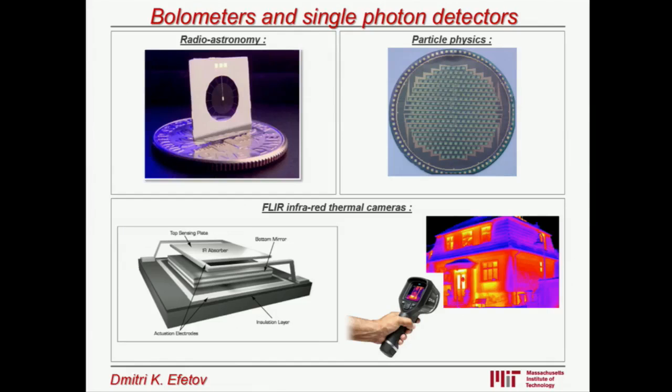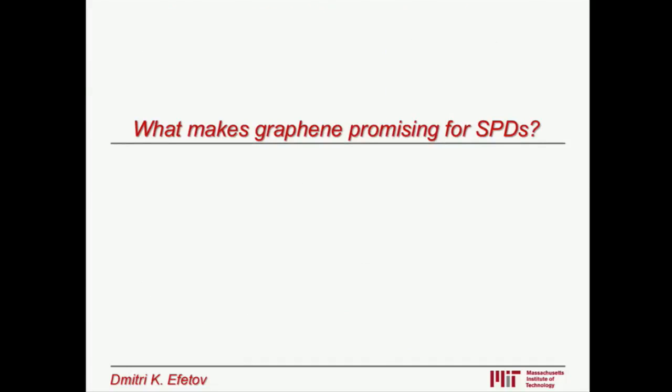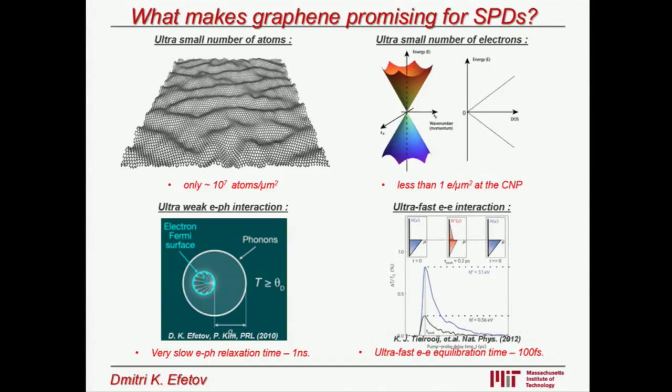Of course, there are many different predictions for the interest in single photon detectors in graphene. For example, in the terahertz range, you could use graphene for radio astronomy and particle physics, and of course there are also applications for thermal infrared cameras. So what makes graphene a promising single photon detector? First of all, graphene is ultra small.